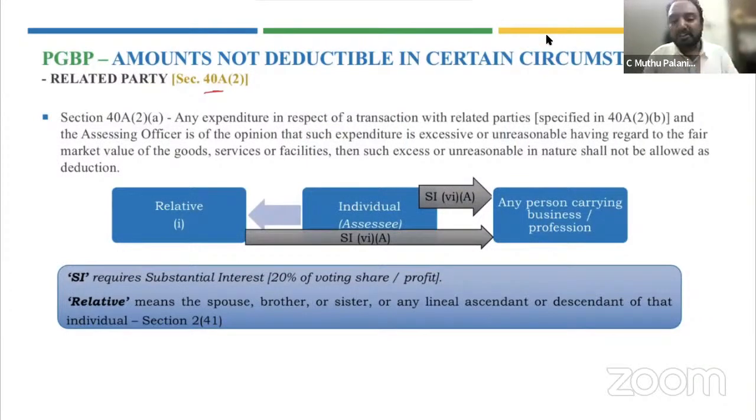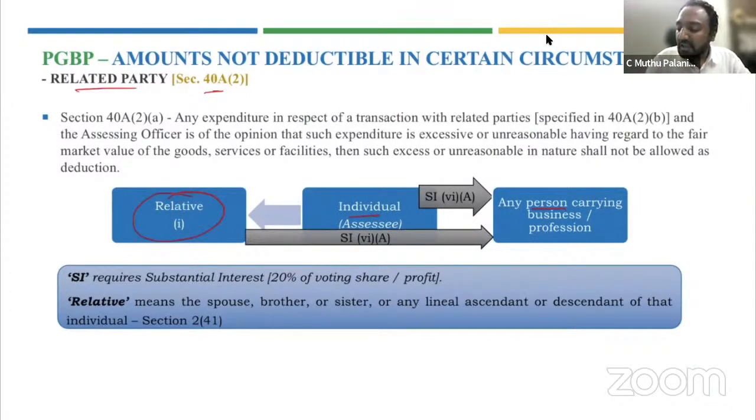40A clause 2 talks about related party. So who is a related party? If you are an individual, a relative of the individual is a related party. If the individual owns substantial interest in any other business, then that business also becomes a related party.